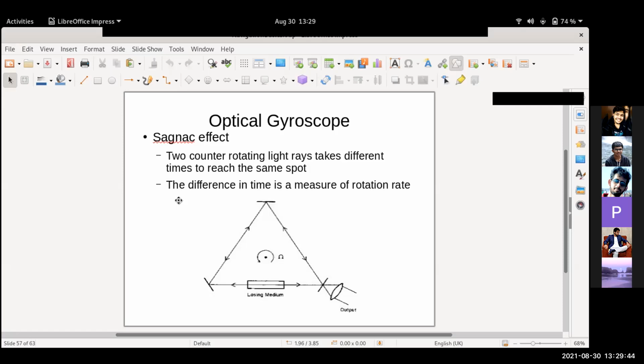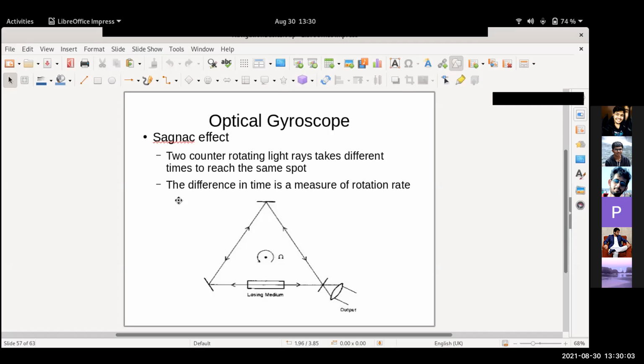The light enters into the triangular region. The arrows indicate the direction of the light travel. When it enters from the right hand bottom side, it splits into two parts and goes, not really in the opposite direction, but in an angular direction.